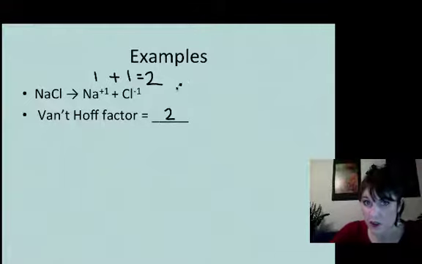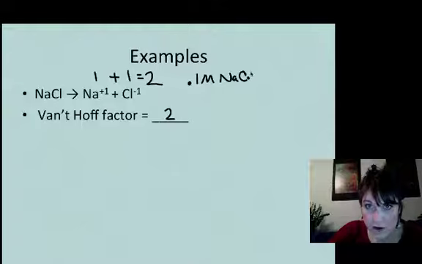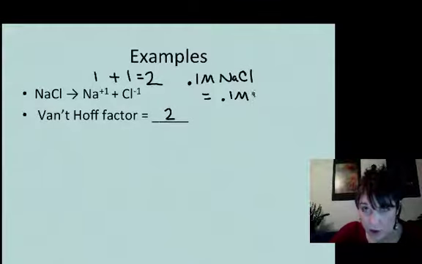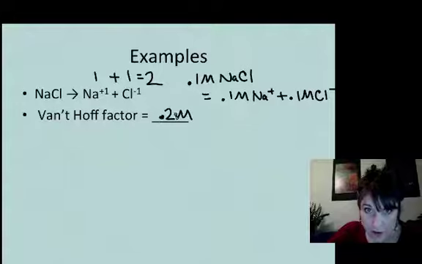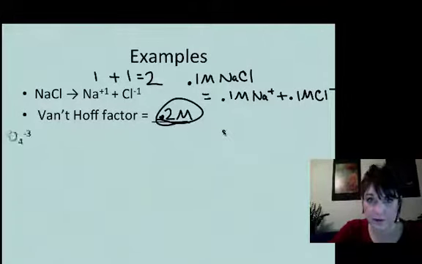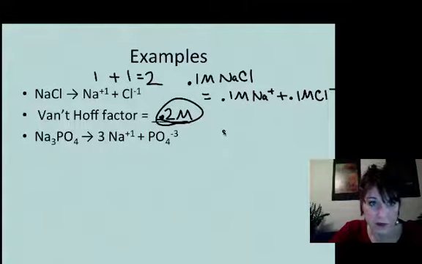Now, pay attention. If I have a 0.1 molar sodium chloride solution, that means, we've done this before, that means I have 0.1 molar sodium ions and 0.1 molar chloride ions in my solution for a total of 0.2 molar ions in my solution because my van't Hoff factor was 2.